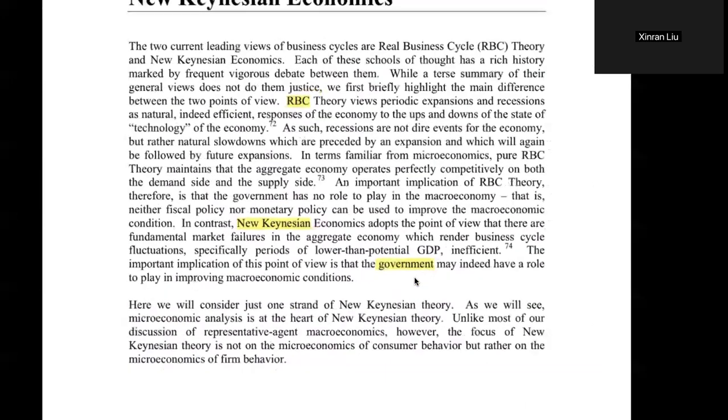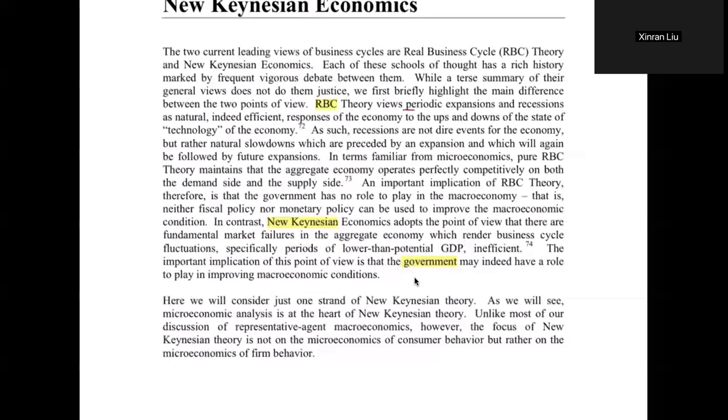The RBC model views the periodical expansions and recessions, like during some period there are expansions, then recessions, as a neutral, indeed efficient response of the economy to the ups and downs of the state of technology. This is mainly what RBC does.